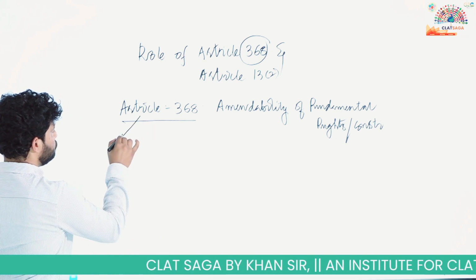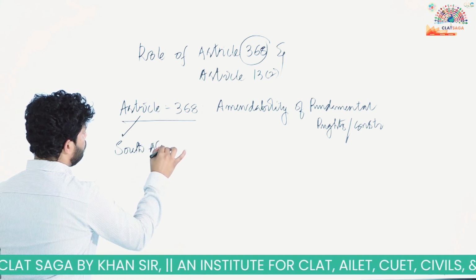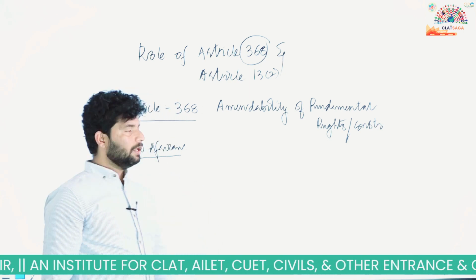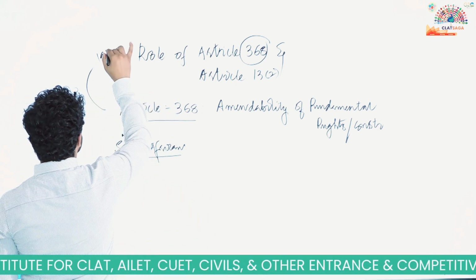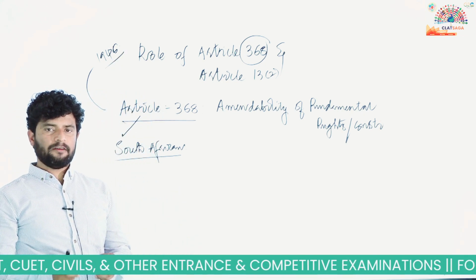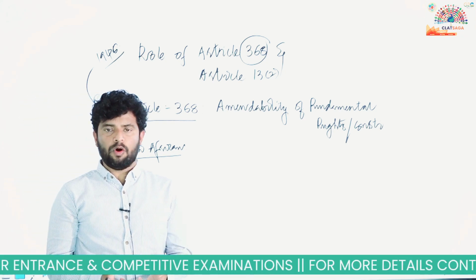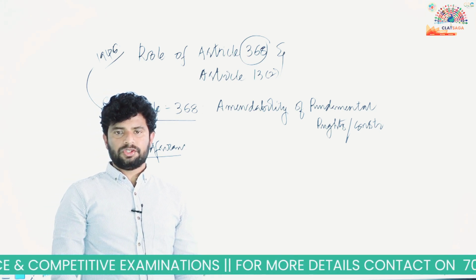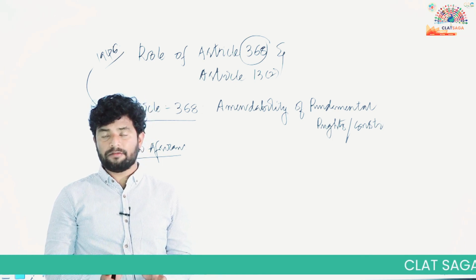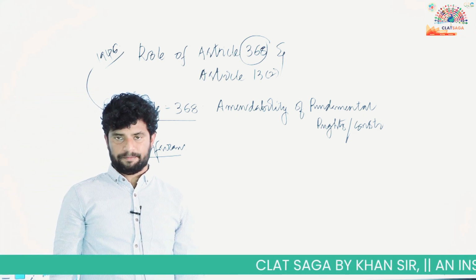This procedure initially we have taken from the South African Constitution. At the time of 1946, the Constituent Assembly makers made the provision that when society starts evolving or changing, some provisions may need changes, and the Constitution should have a dual mode, with rigidity as well as flexibility.